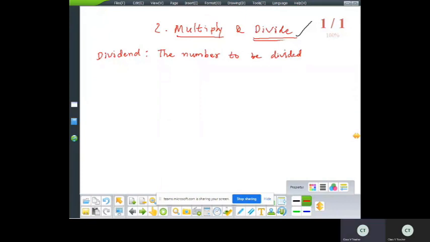Next, divisor. Divisor, the number that divides.